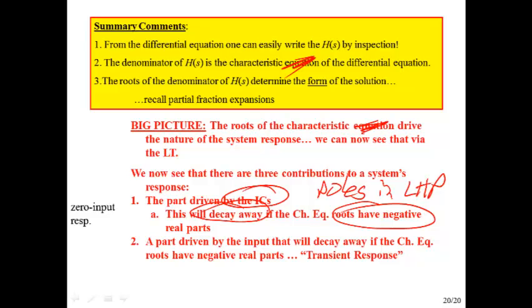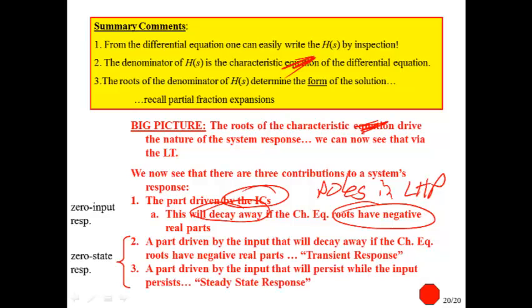And we'll see a part that's driven by the input, and that will decay away again due to the poles, and that's called the transient response. And then we'll see a part that's driven solely by the input and has no flavor of the poles of the system, and that part is called the steady state response.